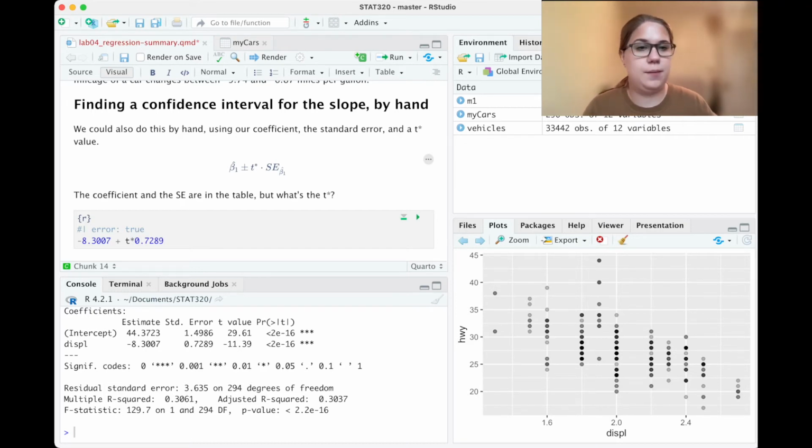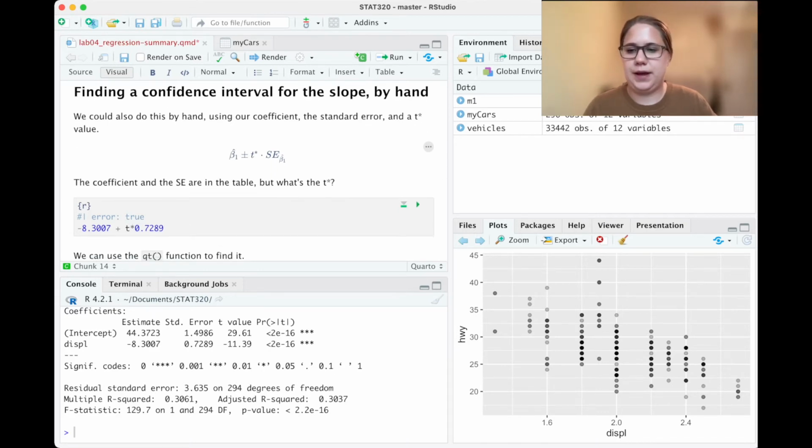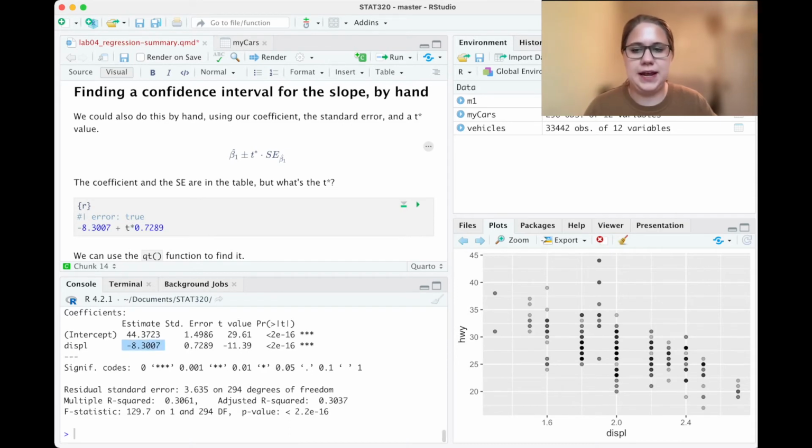I've already said I'm not going to make you compute the standard error by hand. So I'm going to give you the beta 1 hat number and the standard error number, but you're going to need to find the t star number. So my point estimate, that's my fitted beta 1 hat, is the negative 8.3. My standard error is the 0.7289. What's my t star value?